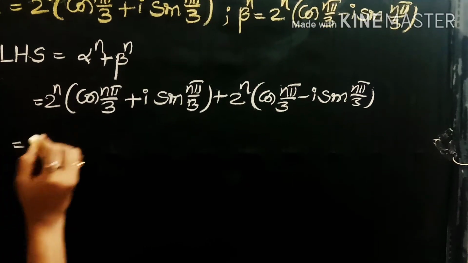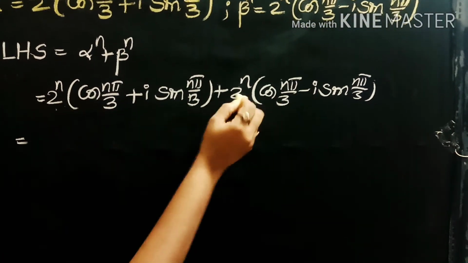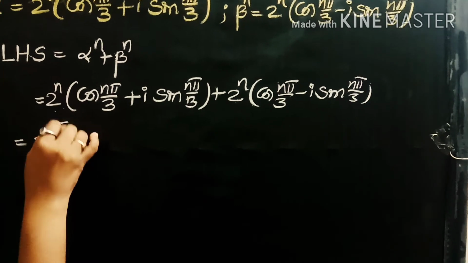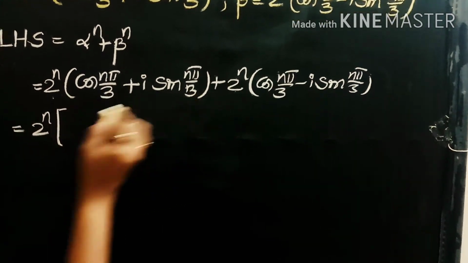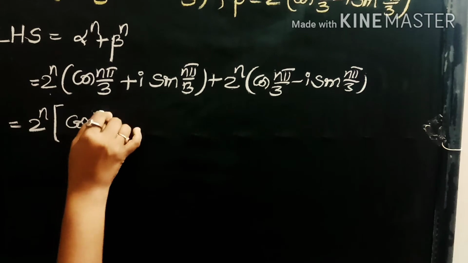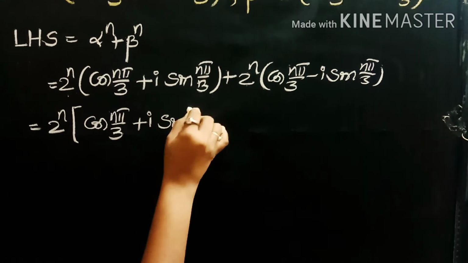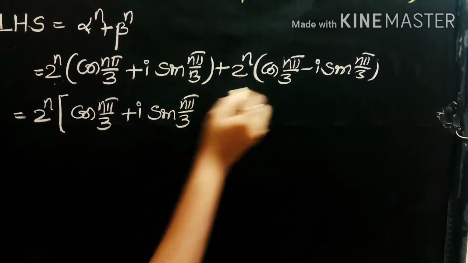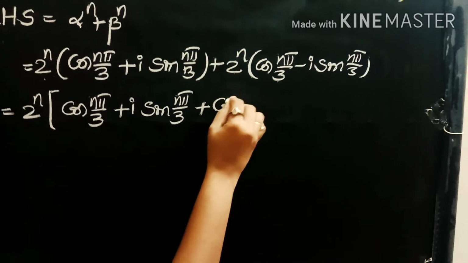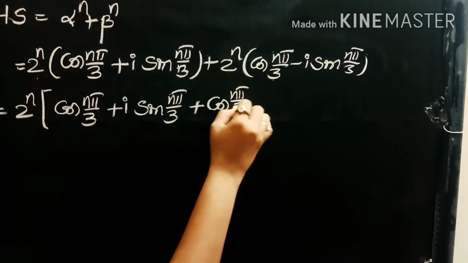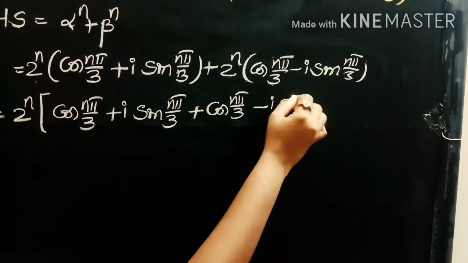And this is equal to, here 2 power n is a common term in both of the terms. So taking 2 power n common, 2 power n into, the remaining terms are cos n pi by 3 plus i sin n pi by 3 plus cos n pi by 3 minus i sin n pi by 3.